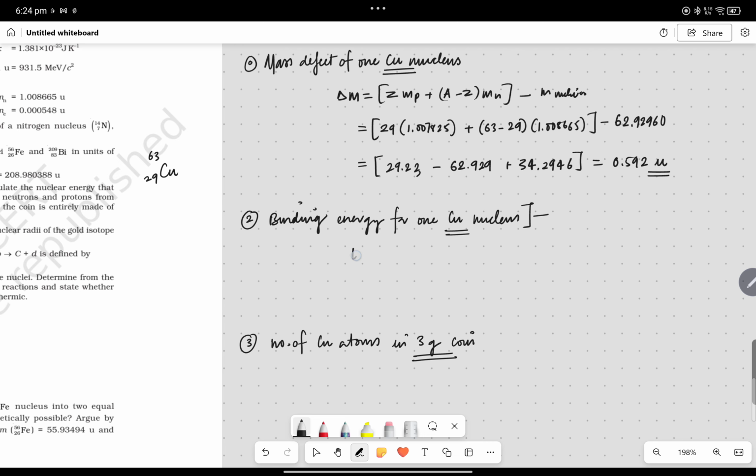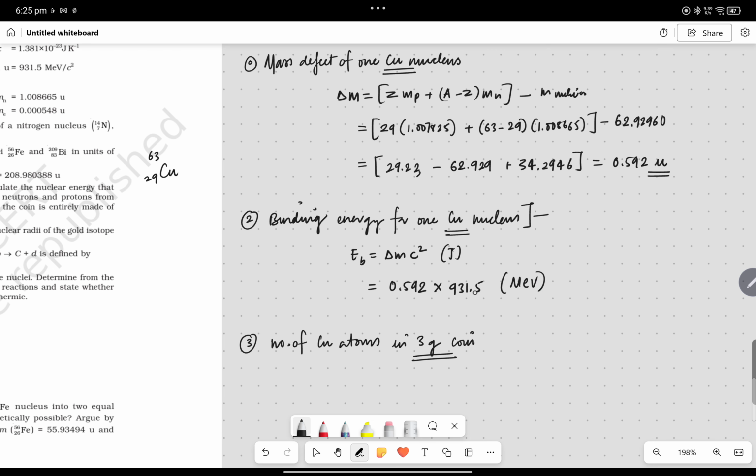Now you have to use the formula of binding energy, Δm c square, and the value you are going to get is in joules, right? So here you multiply the mass defect by 931.5, and by doing that you are not going to get joules but MeV, mega electron volt.